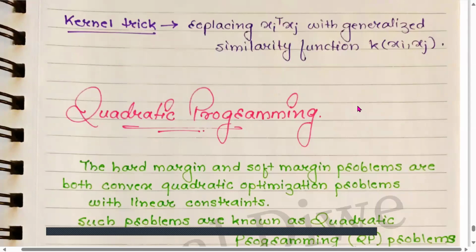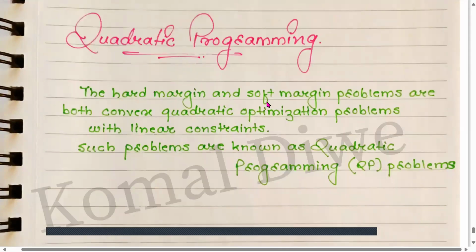Quadratic programming: the hard margin and soft margin problems are both convex quadratic optimization problems.